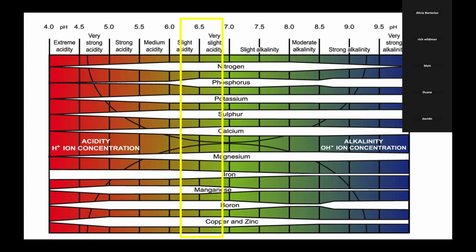Countless times, we shoot for that 6.2 to 6.5 pH range. There's variability there.